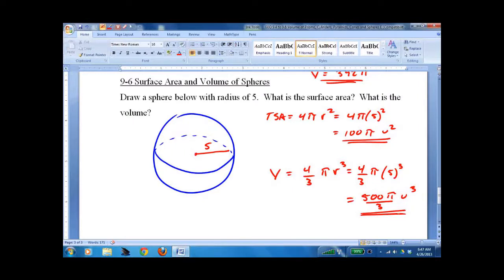That's it. That's volume and total surface area of sphere. It's all plug and chug. There's nothing radically complicated. Might get a problem where we ask you for certain aspects, but if you remember all this, you should be fine. Good luck.